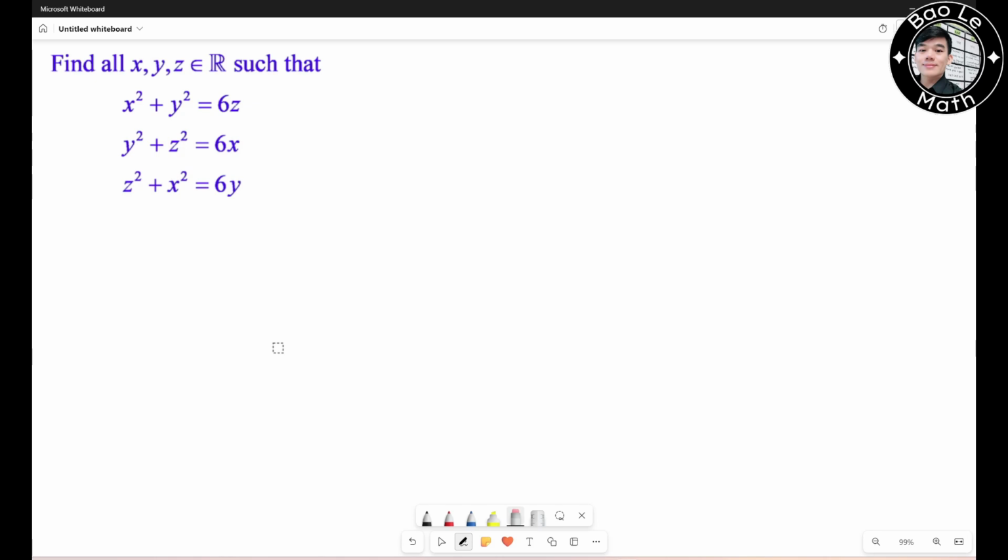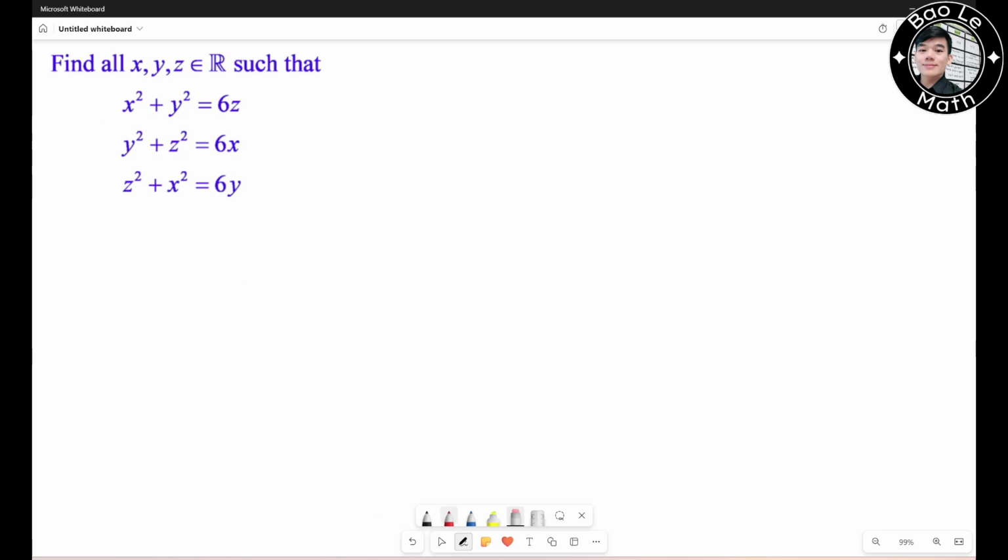Because this is a system of symmetric equations, we have two different cases. The first case: at least two variables have the same value. The second case: all three variables have different values.